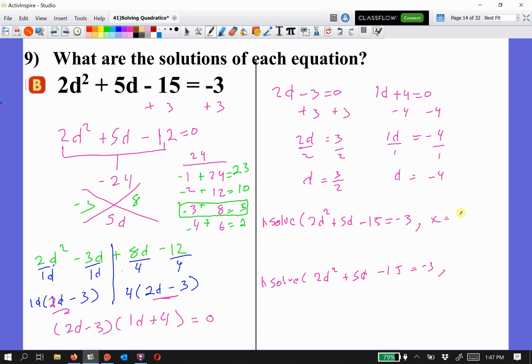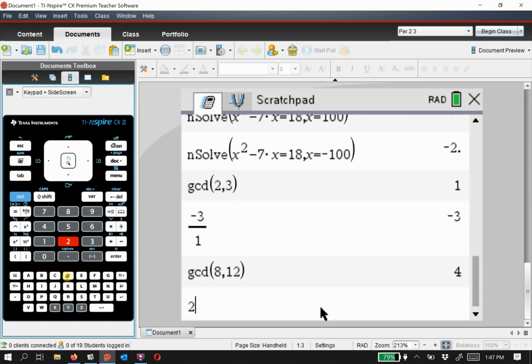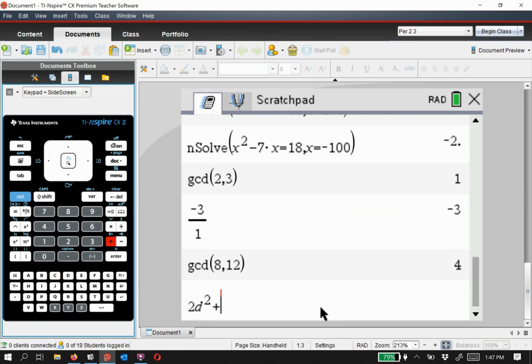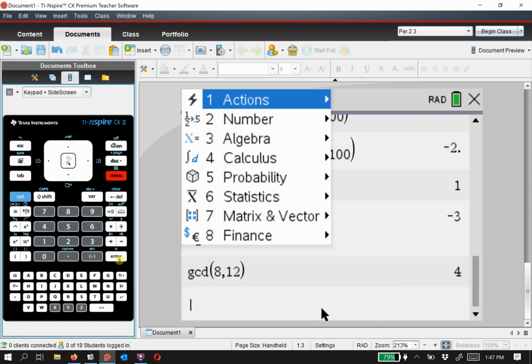Since it has a square, I've got x equals a positive 100 and x equals a negative 100. Okay, now 2d squared plus 5d. Oh, forgot my unsolved, silly Mr. Jacob. Menu, 3 and enter.